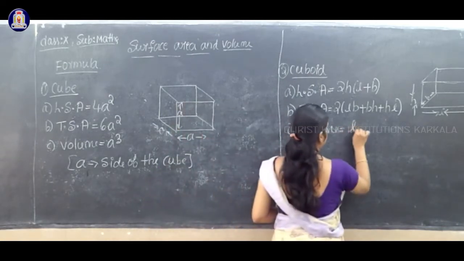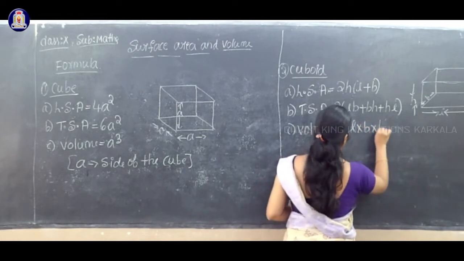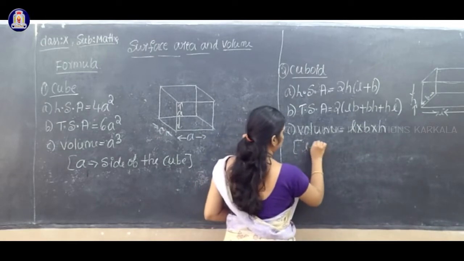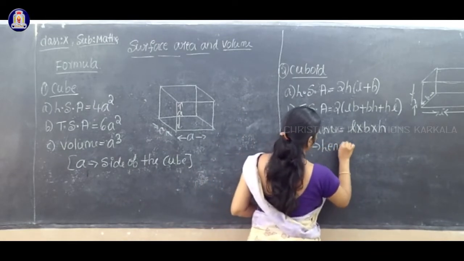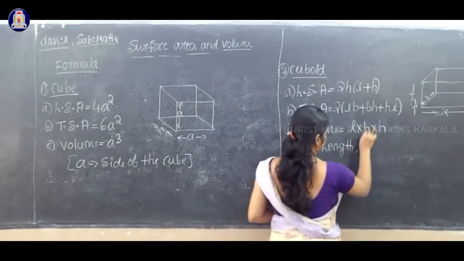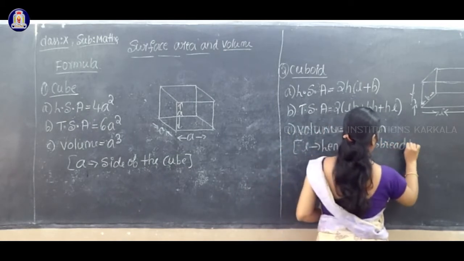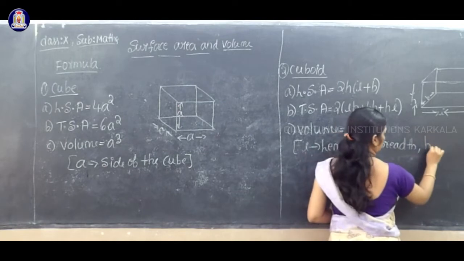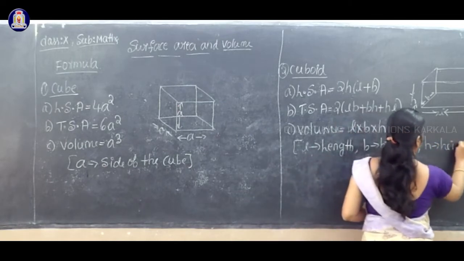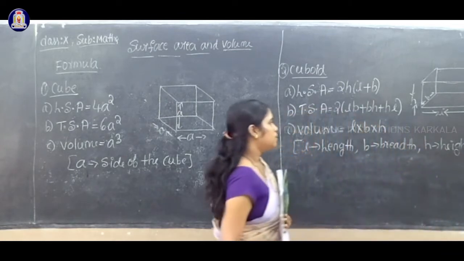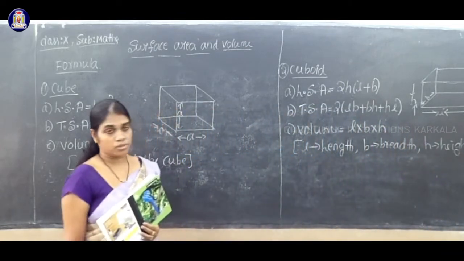That is L into B into H. Here L is the length of the cuboid, B is the breadth and H is the height.